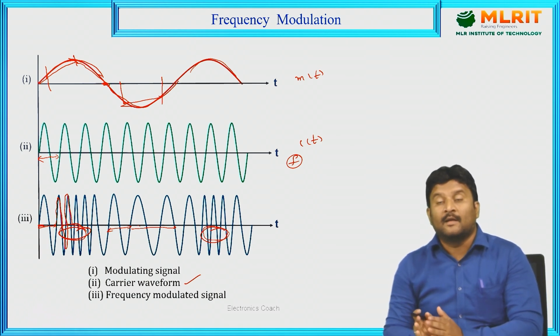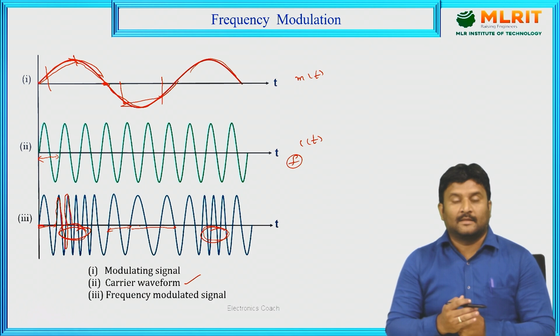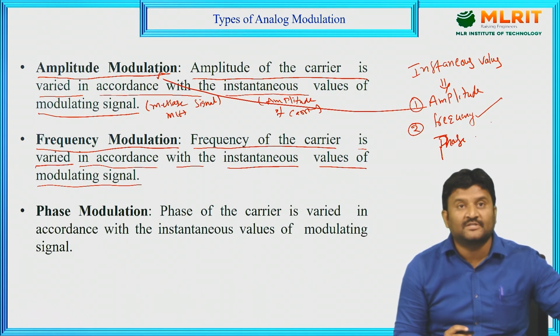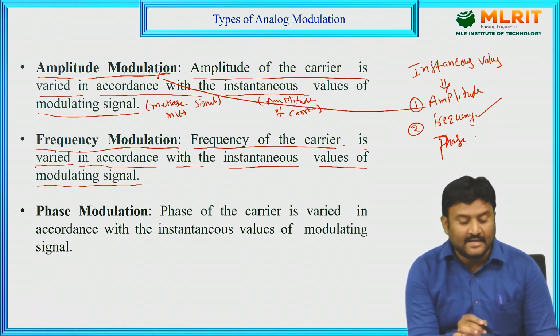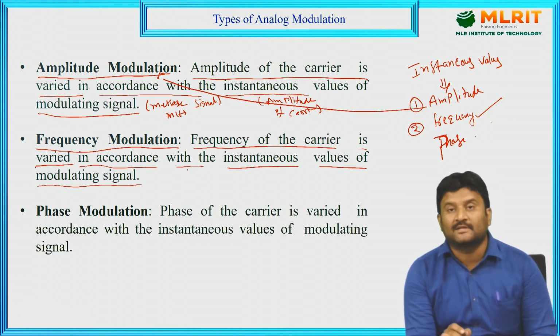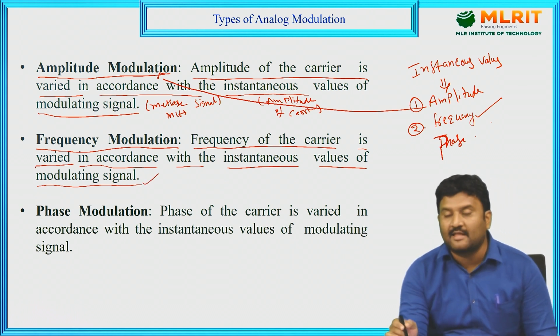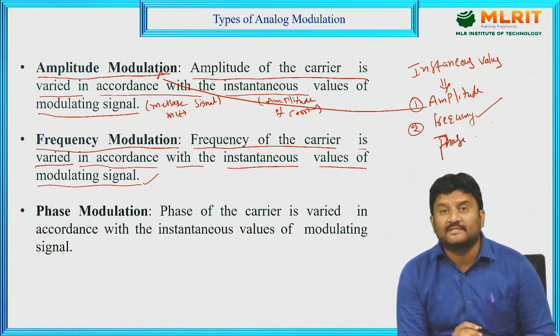The shifting happens, low to high, high to low. The modulation happens; that is the meaning. That's why it is called frequency modulation. The frequency of the carrier is varied in accordance with the values of the modulating signal. The instantaneous value determines the frequency.